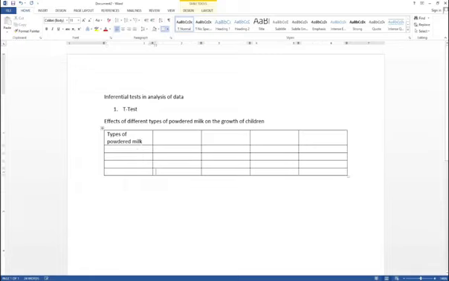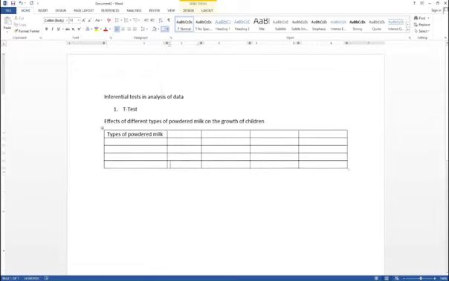Let's say you took your samples for a period of 1 month, that is 4 different weeks. This is the first week, second week, third week, and fourth week.